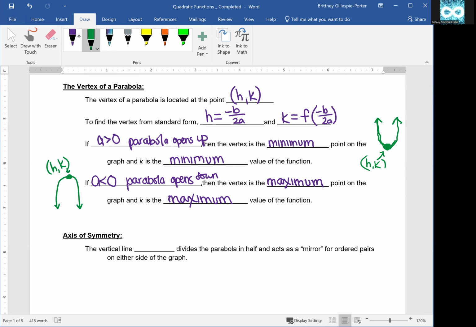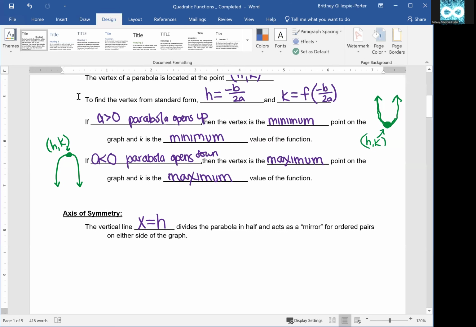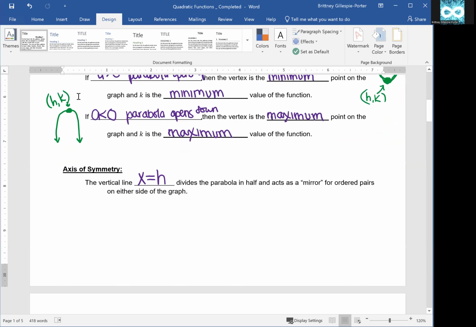Now, with our axis of symmetry, we have a vertical line in the form x equals h that divides the parabola in half and acts as a mirror for the ordered pairs.